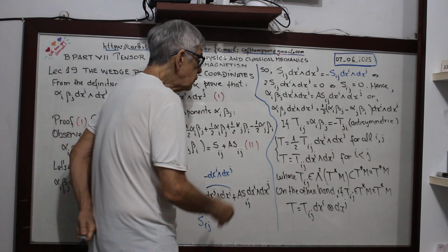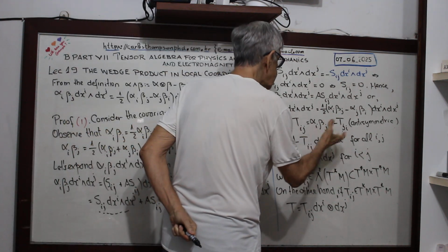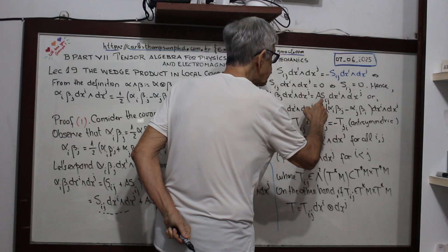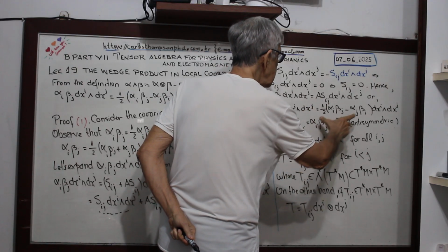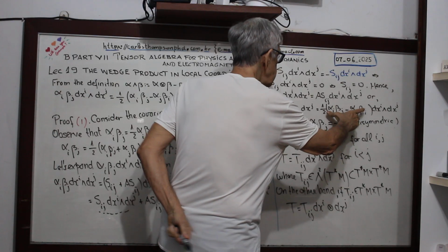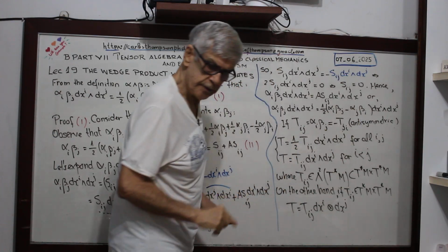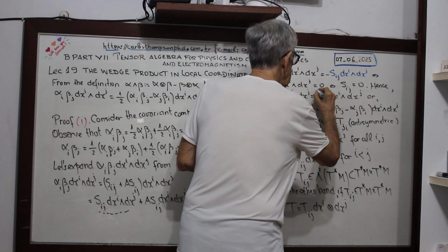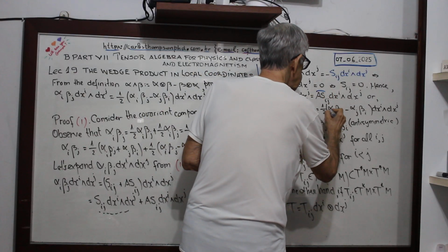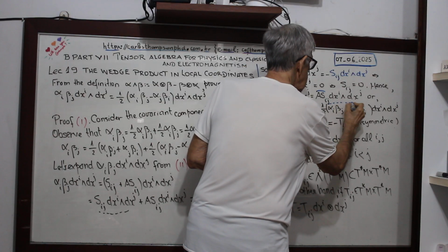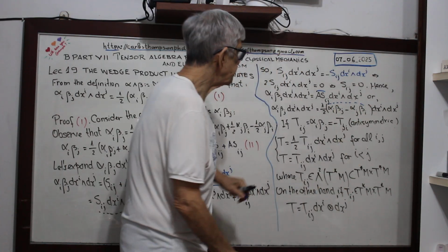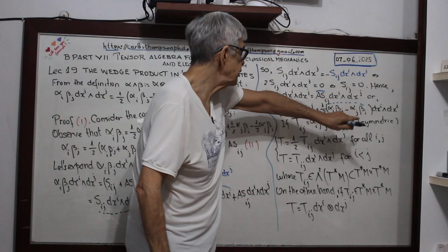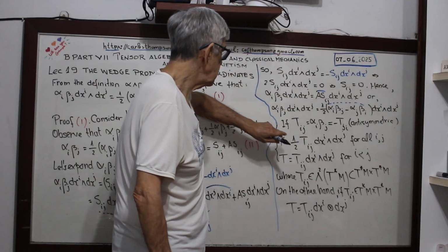It's quite easy. I just substitute A_ij exactly by this term over here, in dx^i wedge dx^j.